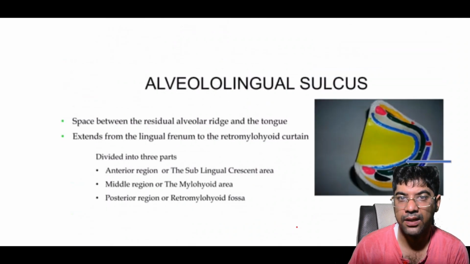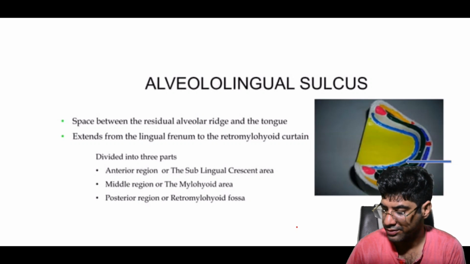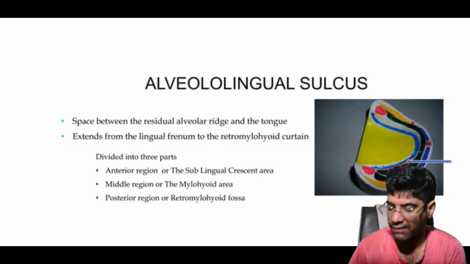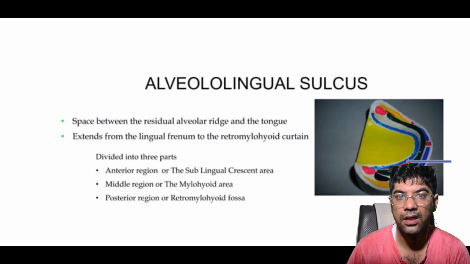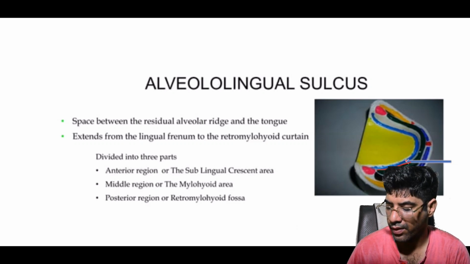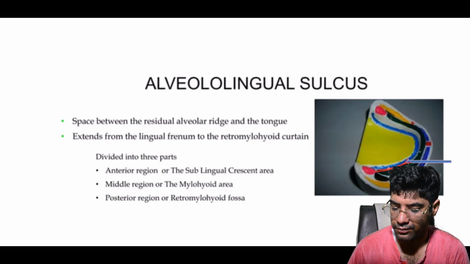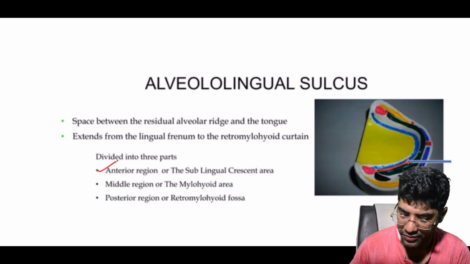Other is the alveolingual sulcus. So this area showing is the alveolingual sulcus. It extends from the lingual frenum to the retromylohyoid curtain. It is divided into three parts: the anterior region, middle, and posterior region.